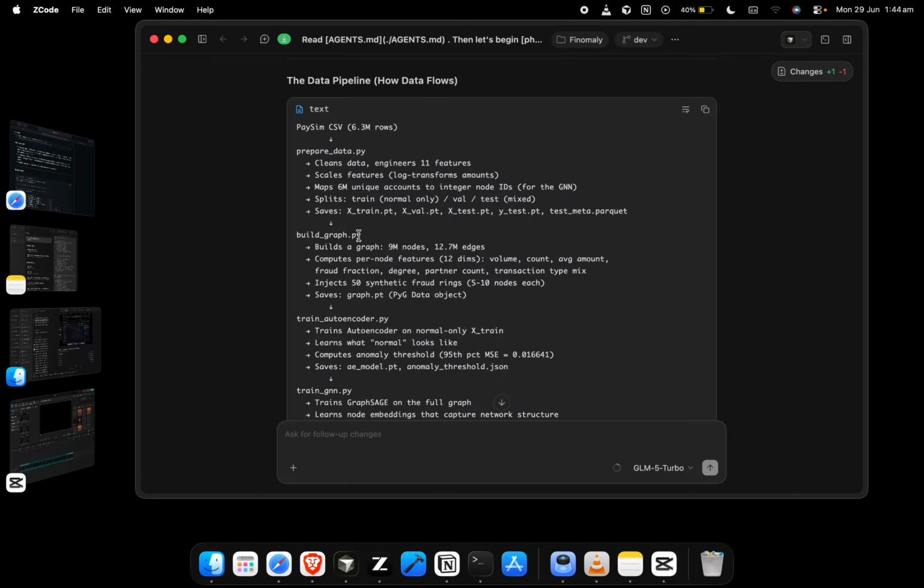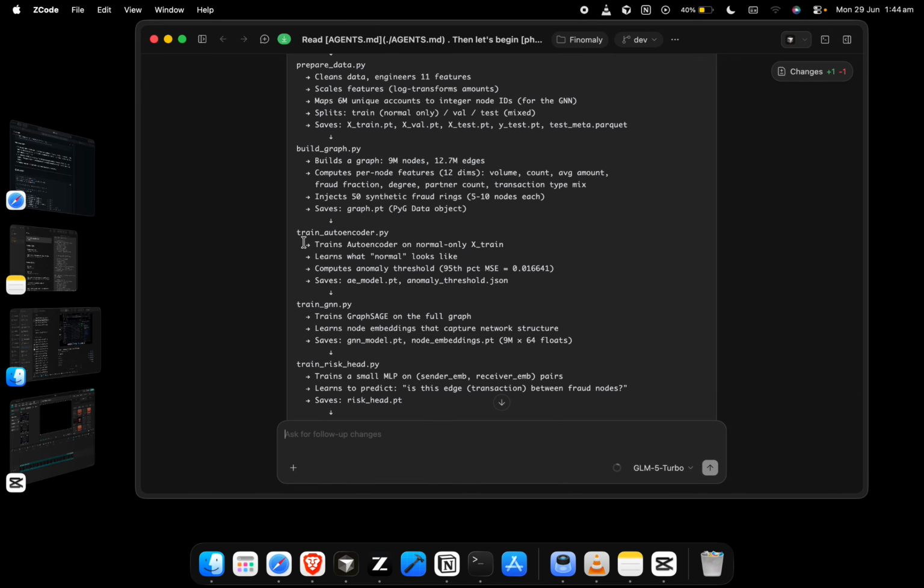Build_graph.py builds the graph, the 9 million nodes and 12.7 million edges, computes per-node features, injects 50 synthetic fraud rings, and saves graph.pt.